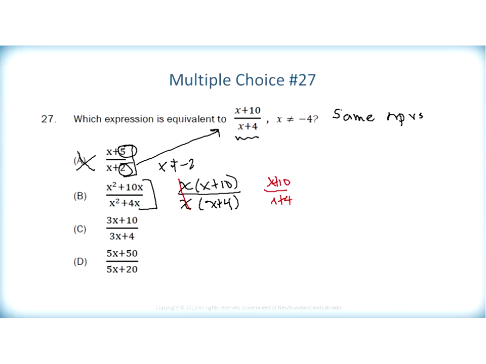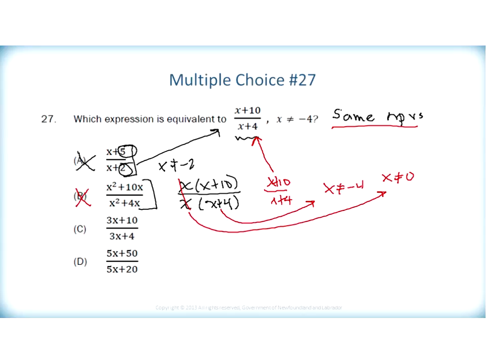We shouldn't choose B as our answer right away, as we have to check for NPVs. The NPVs of this one would be x cannot equal negative 4, but there's another NPV of x cannot equal 0. So although it's close, it's not the correct answer since the NPVs are not the same.